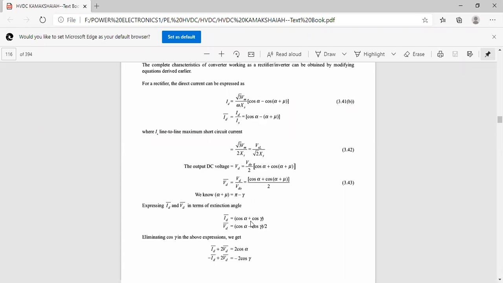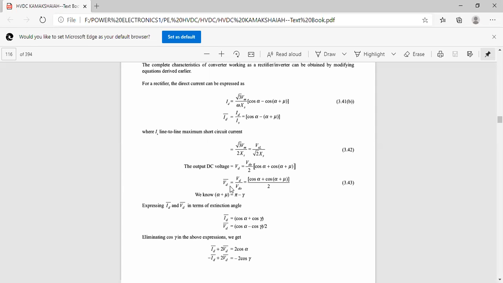In the first equation, ID bar is equal to cos alpha plus cos gamma, because cos of pi minus gamma is minus cos gamma, and minus of minus becomes plus. Therefore, we have got the first equation in terms of both alpha and gamma. The rectifier is controlled with alpha, the inverter is controlled with gamma.